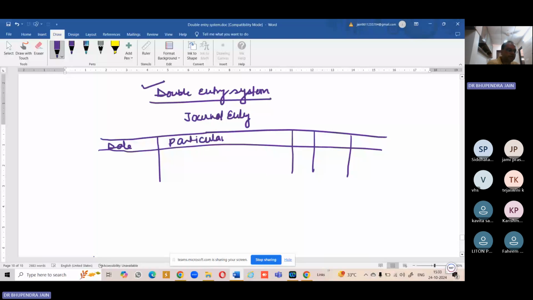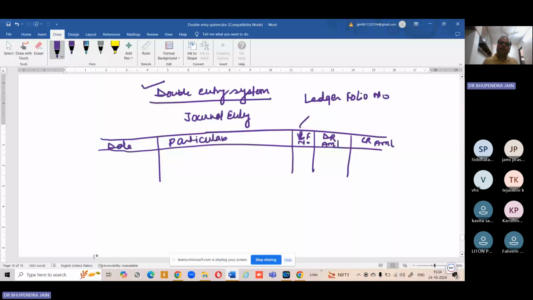Number third is the ledger folio number. And then the debit amount and the credit amount. We have already passed some entries in the last class.